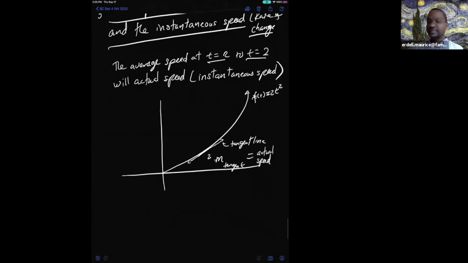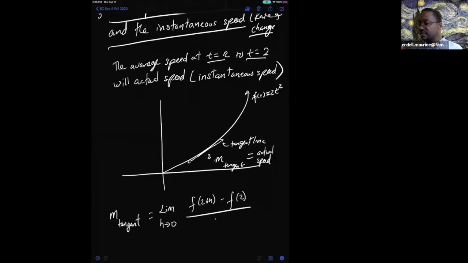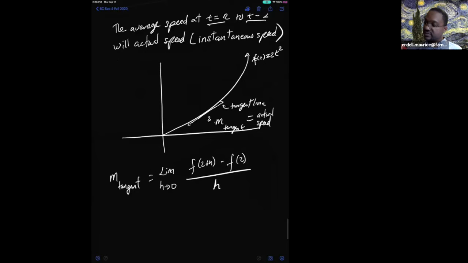What they realized was that the slope of the tangent is equal to the limit as h goes to 0 of f of 2 plus h minus f of 2, divided by h, i.e. the difference quotient.